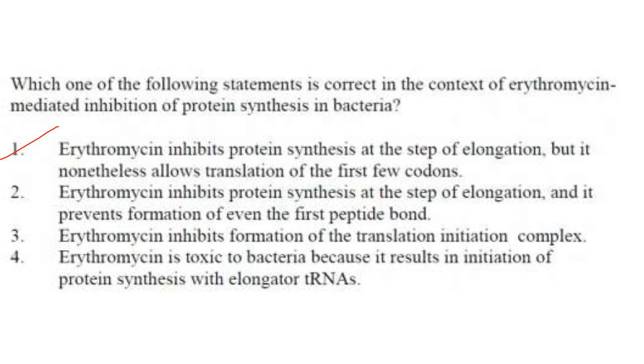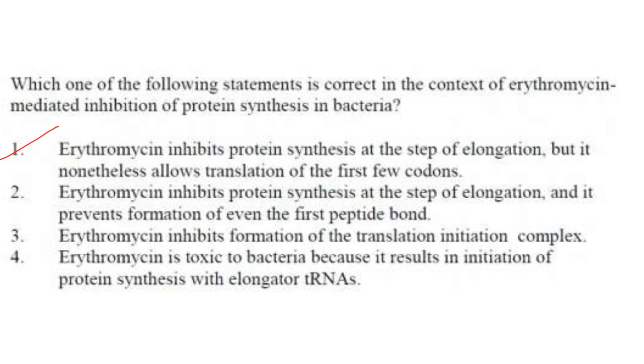Now we will see what they have mentioned. Erythromycin inhibits protein synthesis at the step of elongation, but nonetheless allows translation of the first few codons. That is correct. Erythromycin inhibits protein synthesis at the step of elongation, and it prevents formation of even the first peptide bond. That is not correct.